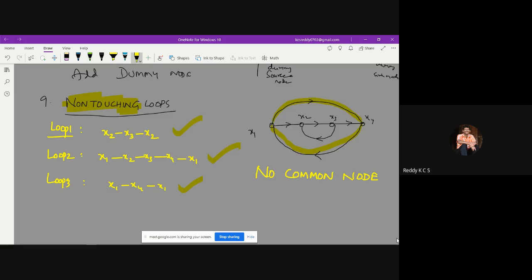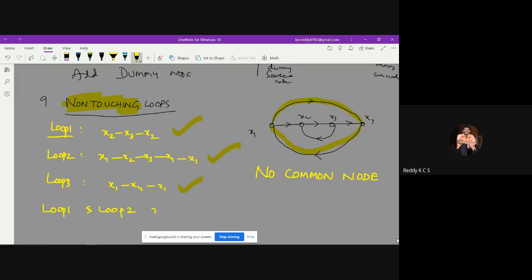So if you look at x2, x3, x2 here, x1, if I consider loop 1 and loop 2 combinations, they have the common nodes x2, x3.